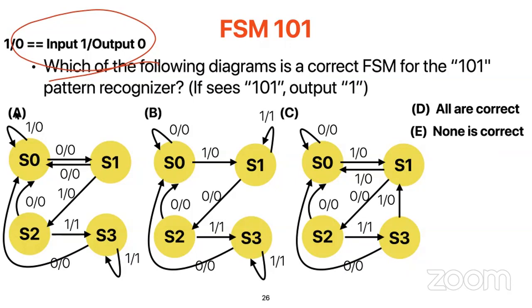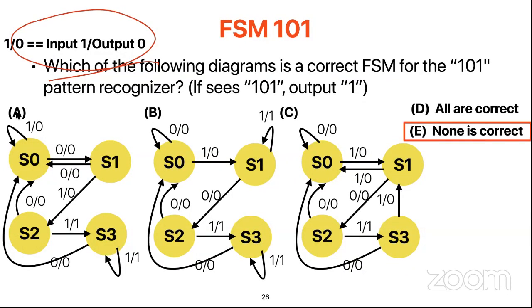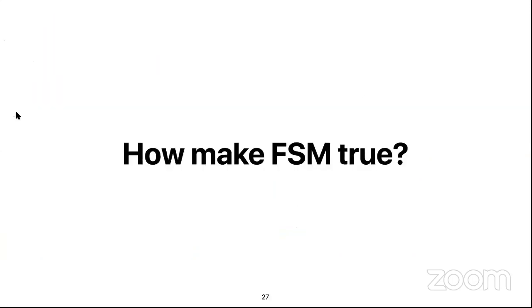So for this question, none of the answers is correct, because there are cases where you see 101 but you don't output 1. So there is more to practice. You can go back and test, and you can start by drawing the state machine table, and then see if you can convert a finite state machine from there.